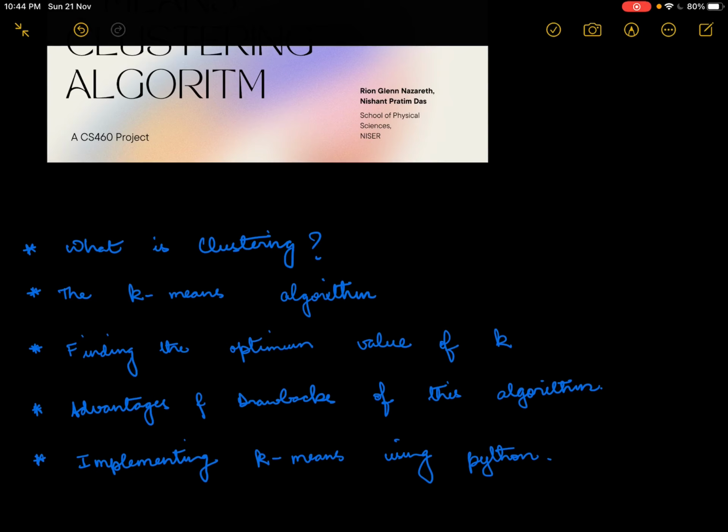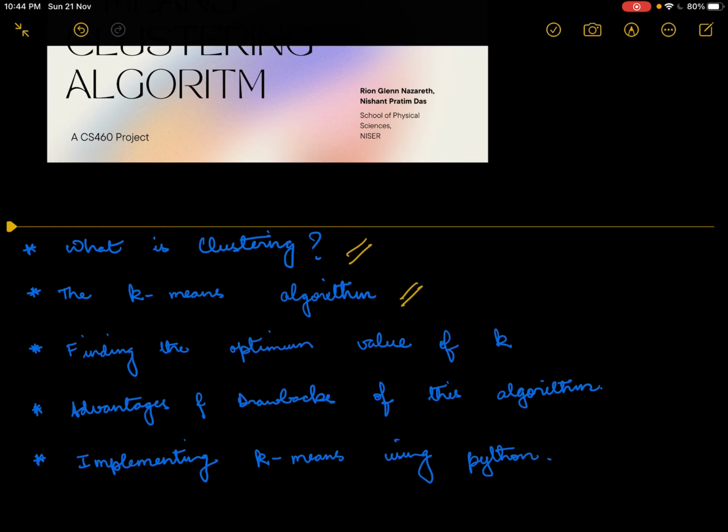After watching this video, you will have an idea of what clustering is and how k-means is a very intuitive approach towards clustering. Then we'll get into the k-means algorithm using a rough illustration.